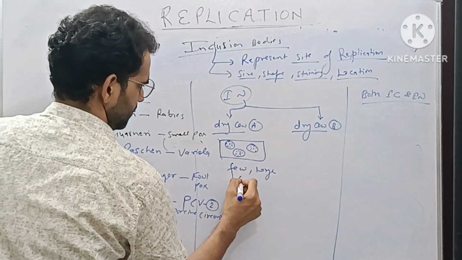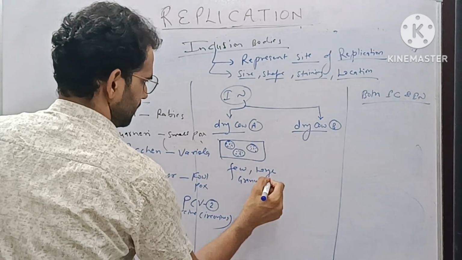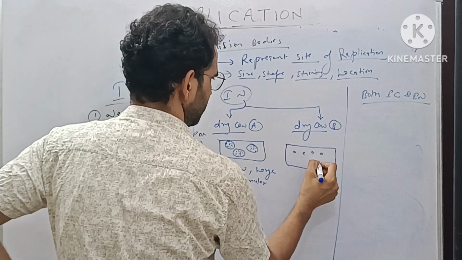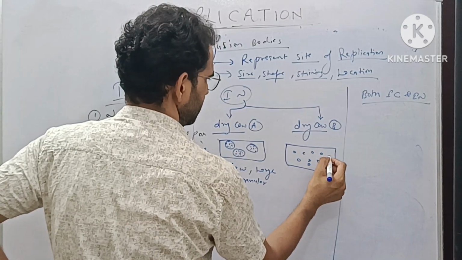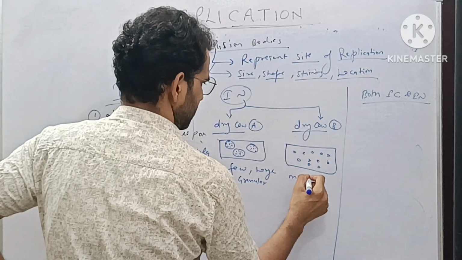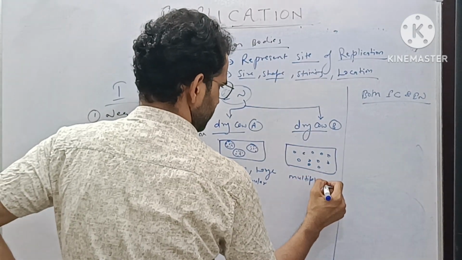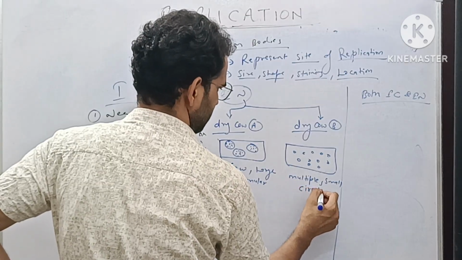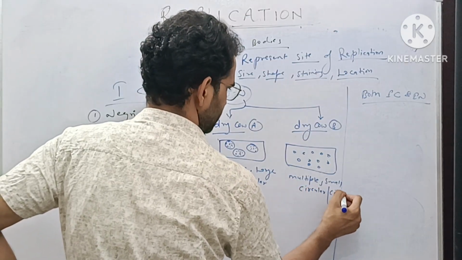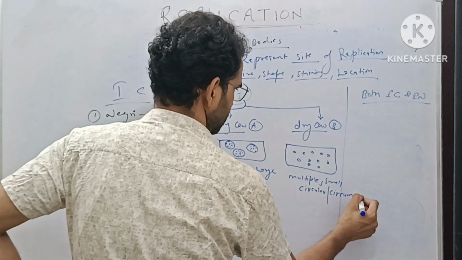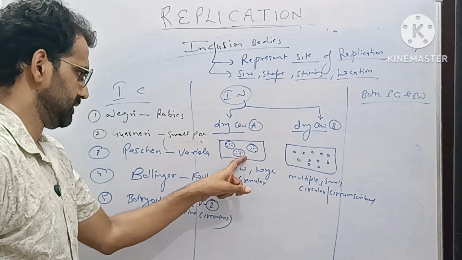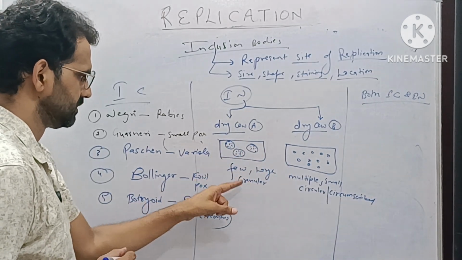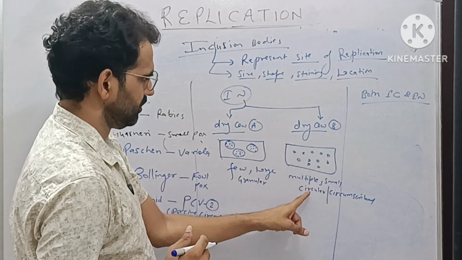Cowdry type B are multiple, small, and circular. Some books write circumscribed.